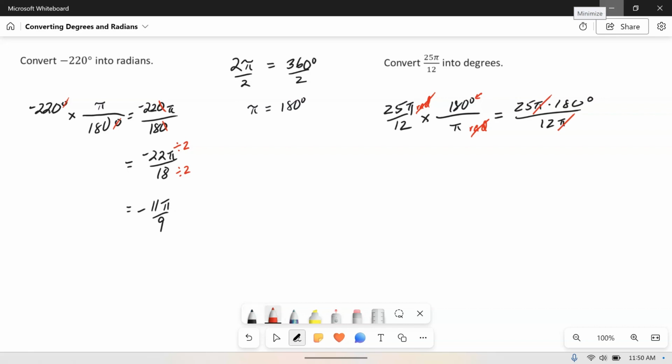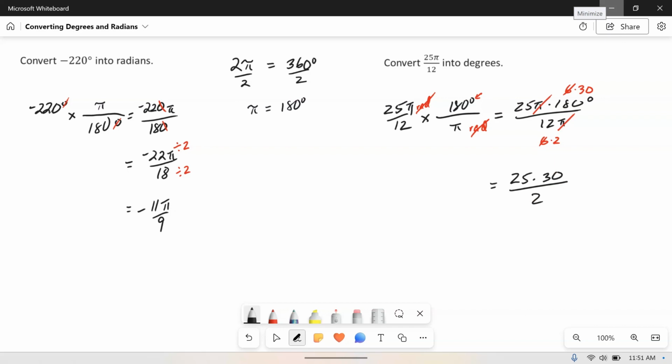180, we could think of as 6 times 30, and 12 is 6 times 2. So we could factor a 6 out of the numerator and out of the denominator. So we have 25 times the 30 that was left over after we reduced the 180, divided by the 2 that was left over after we reduced the 12.